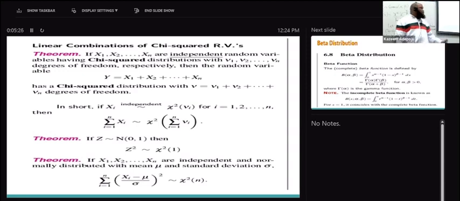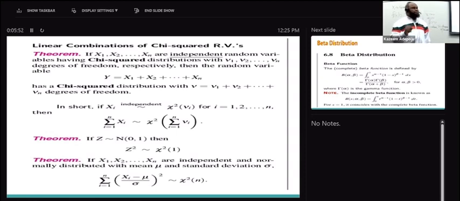Now, do you know that the story doesn't end in chi-square distribution? Do you know another brand new probability distribution can also be derived from chi-square? That is what I'm presenting now, where I'm talking about a linear combination of chi-square random variables.